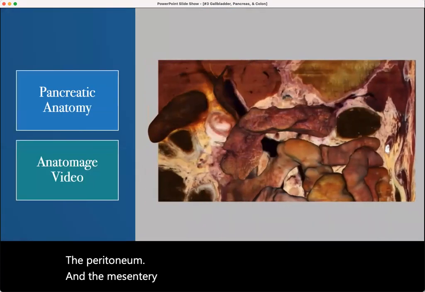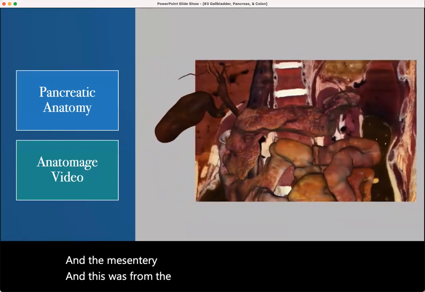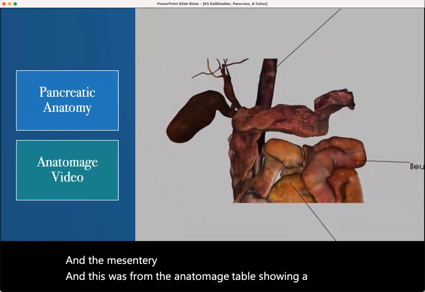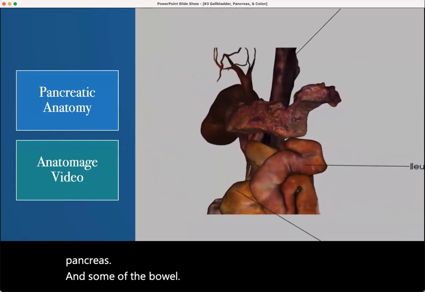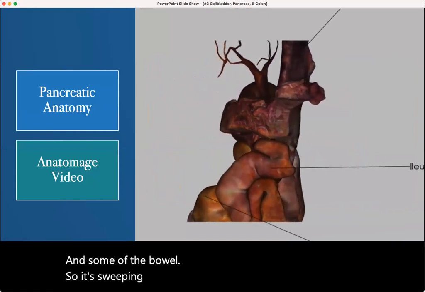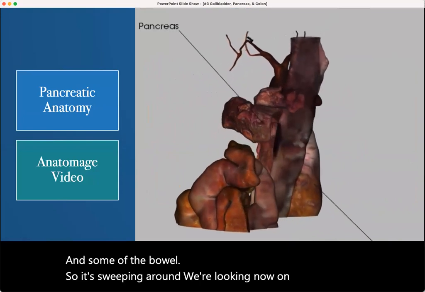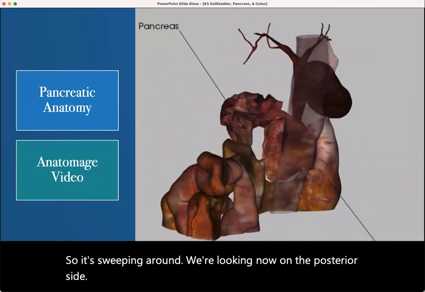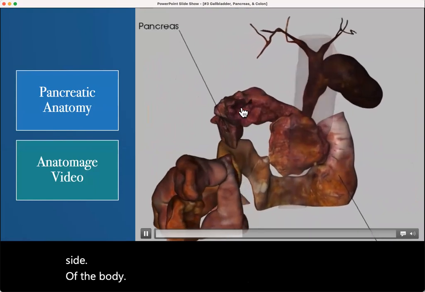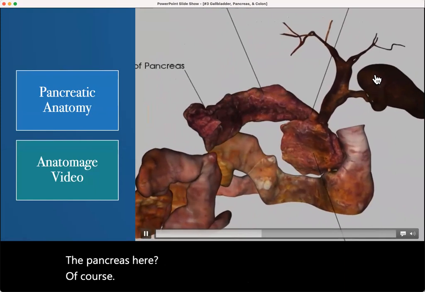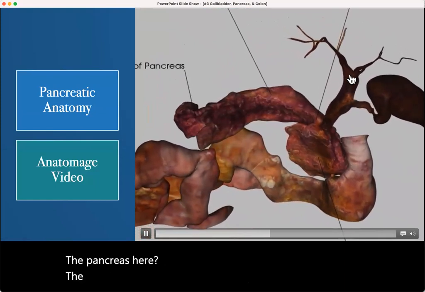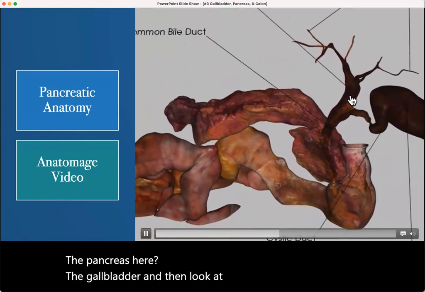And this is from the Anatomage table. It's showing a video of the pancreas and some of the bowel. So it's sweeping around. We're looking now on the posterior side of the body. Pancreas here, and of course, the gallbladder, and then look at these bile ducts.